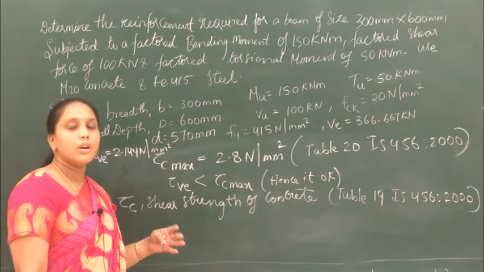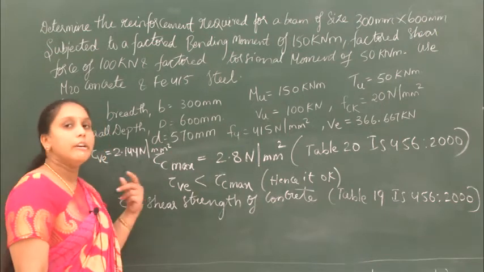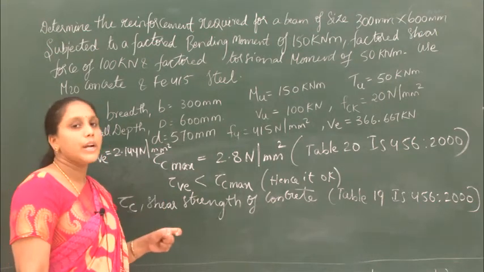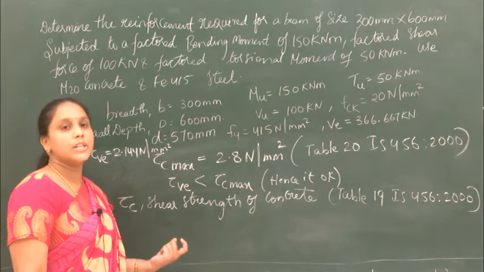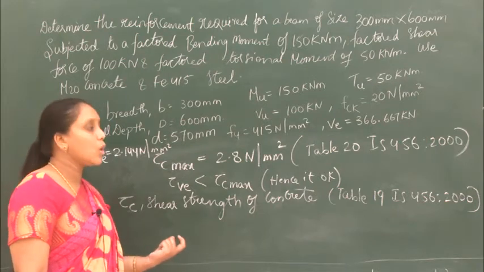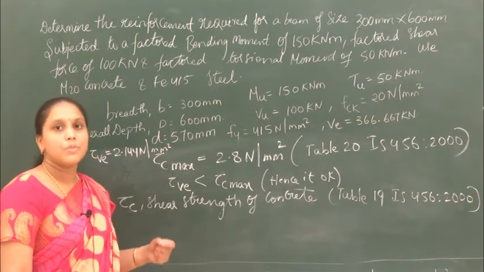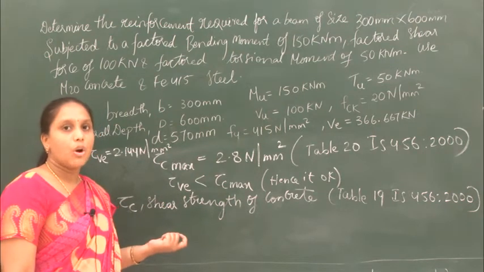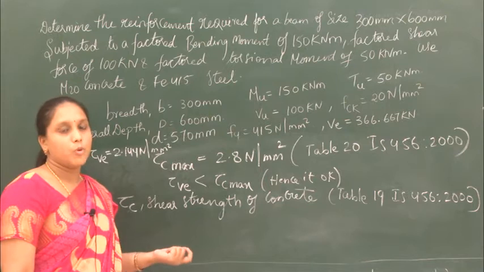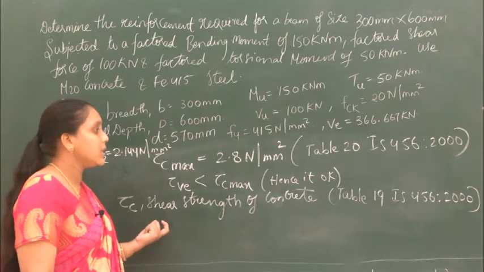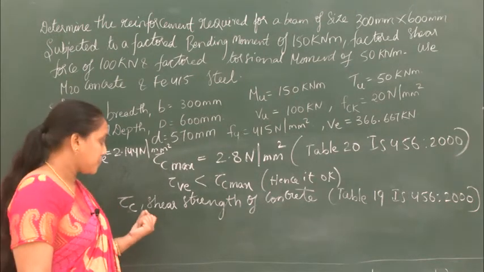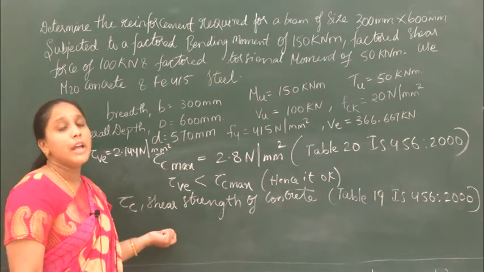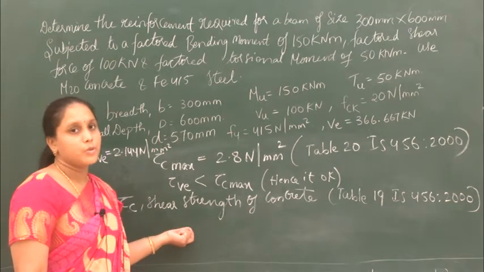So in table 19 of IS 456, what will you have? For different grades of concrete and for different percentages of steel reinforcement, you are going to have the tau C values. So first we have to know the percentage of area of steel reinforcement.